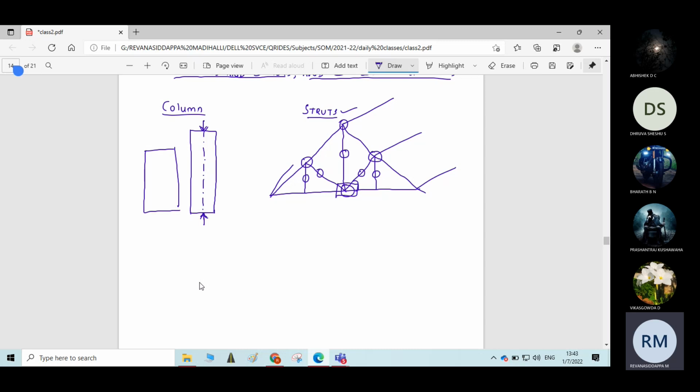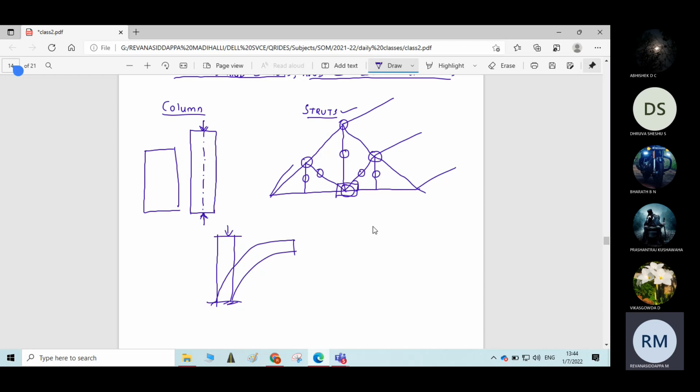For example, if one end of the column is fixed and the other end is free, if you apply the force, what will happen? It will deflect like this.